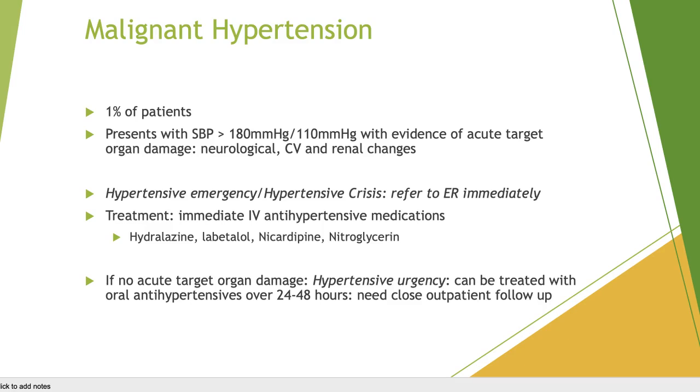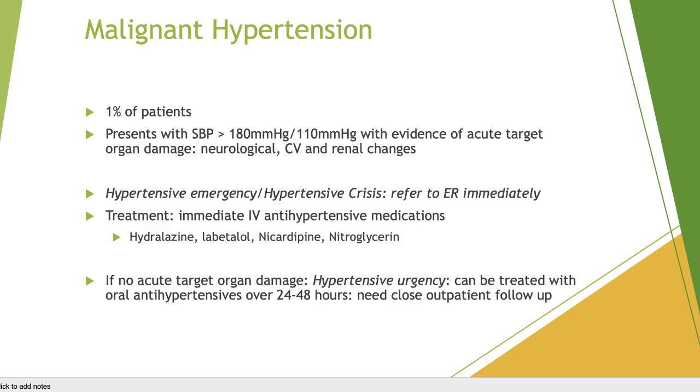Again, treatment is with IV hypertensive medications, including hydralazine, labetalol, nicardipine, and nitroglycerin as an IV. These are patients that you see in the office, and they're complaining of headache, chest pain, significant shortness of breath, and their blood pressure recordings are quite high.